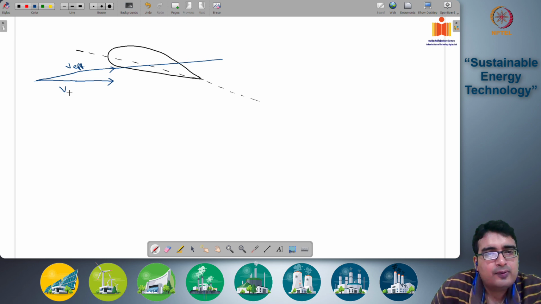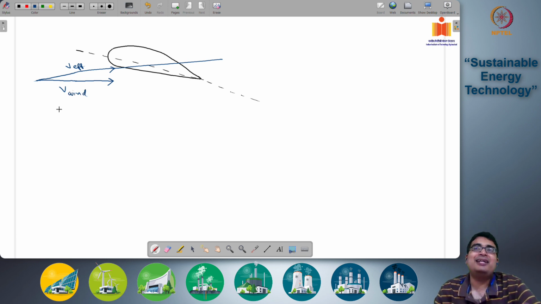This is the v wind or v. Okay, this is the velocity of the wind in stationary coordinates at the blade cross section. That half rho a v square, that v is this one, v wind.